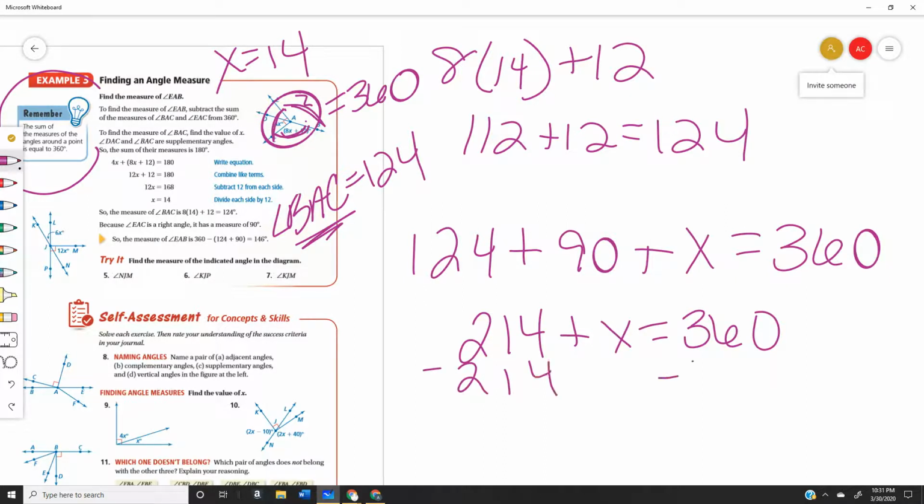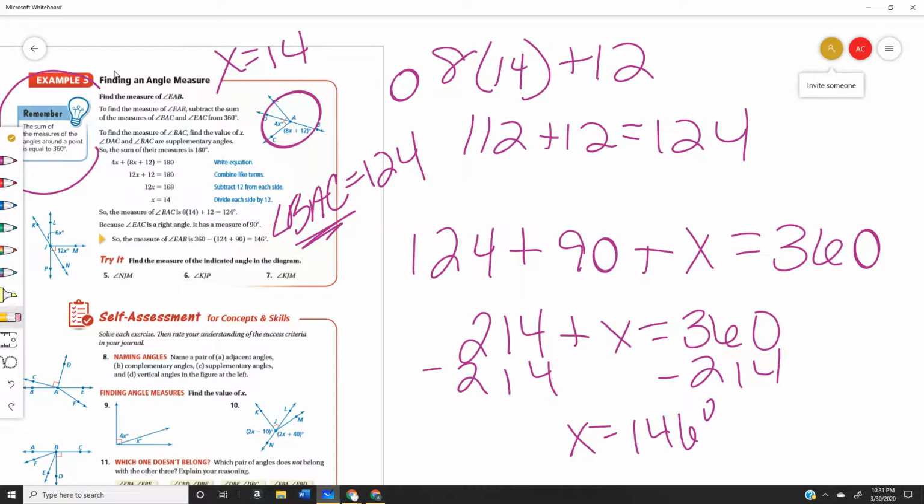Subtract 214 from both sides, and we get that x is equal to 146 degrees. So that means all of that, we did all that work just to find the measure right here.